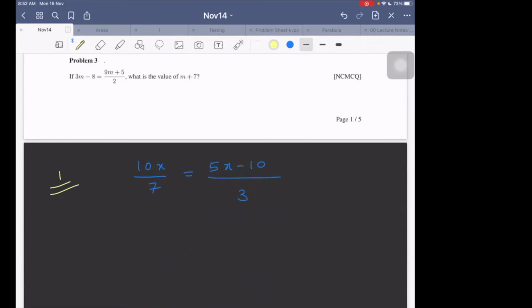So what is the idea here? You have to cross multiply, right? If somebody tells you a by b is equal to c by d, this simply means that a into d is the same as b into c.